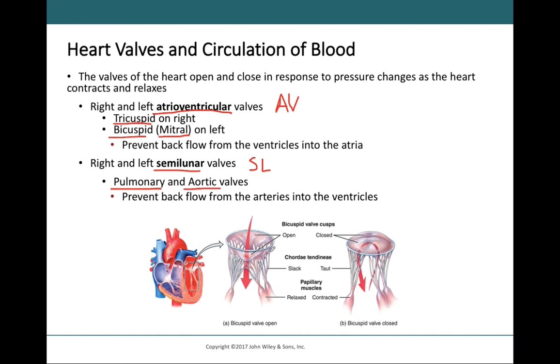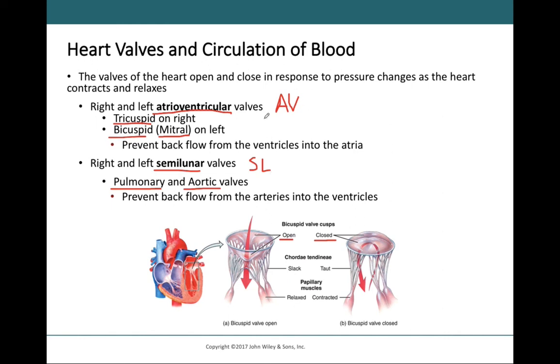So all of our valves are going to switch between open positions and closed positions. And when they are open, blood's going to be allowed to flow through the valve into the next chamber, and when they're closed, blood flow is going to be prevented. What we're going to see about the AV and the SL valves is that while one set of the AV valves is open, the semilunar valves are going to be closed, and vice versa.